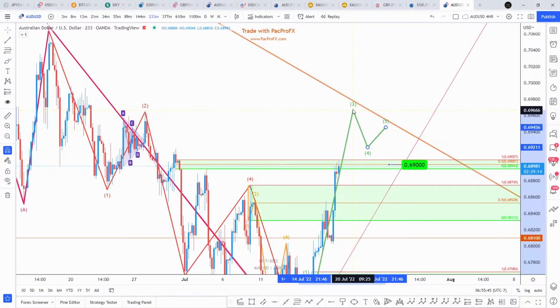Probably will go all the way up to about this area here. Pull back to here and then go higher.